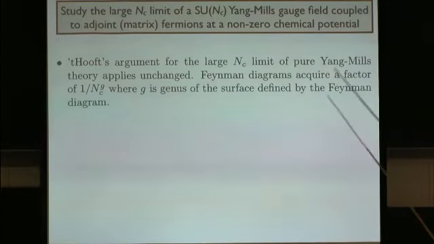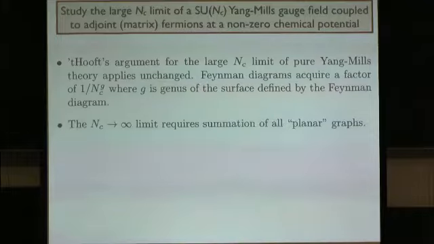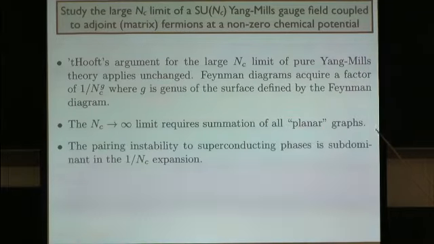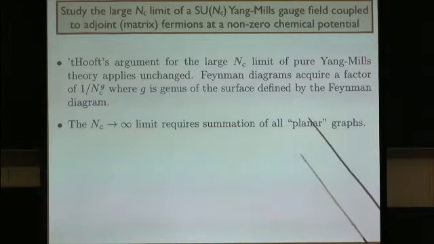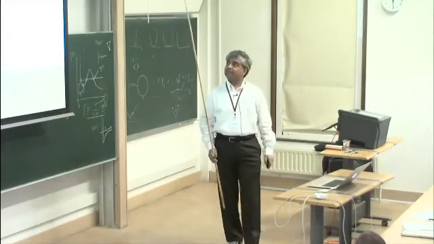We just have to redo 't Hooft's counting, and of course 't Hooft argued that you have to sum all planar graphs. I'm still left with the difficulty of doing that. I don't know how to sum all the planar graphs, but at least I can hope that the counting of powers of 1 over NC is faithful, just as in 't Hooft's original calculation. Whereas in the vector model, it's not faithful. That's the difference. That's why this is superior in a way. It's a cleaner limit to study, but we hopefully get the same physics in the end.